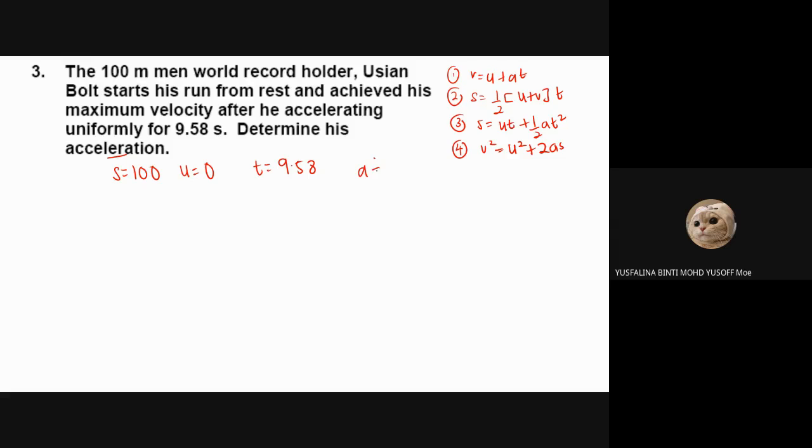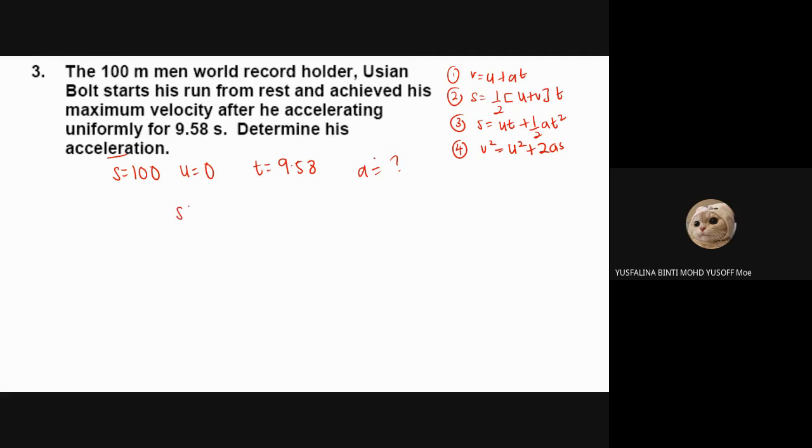So which equation has S, U, A, T? Here you can see number 1, no S. Number 2, yes, has S but no V given here. Number 3, S, U, T, and A you need to find, right? So you have to use equation number 3.